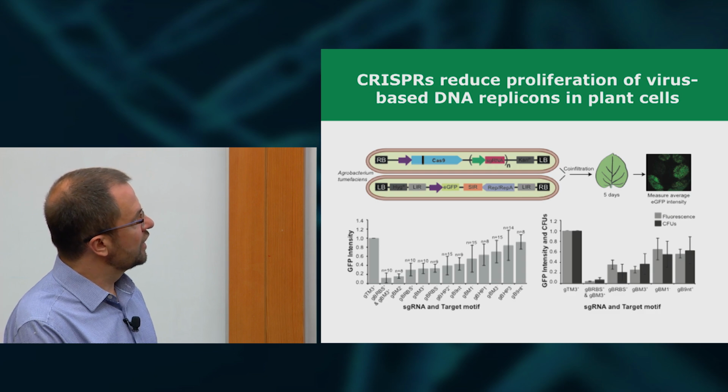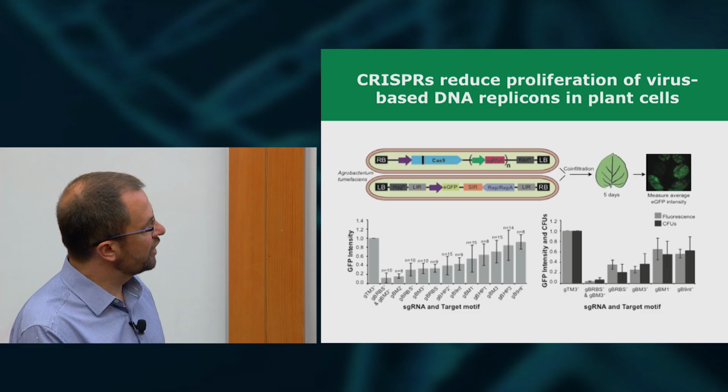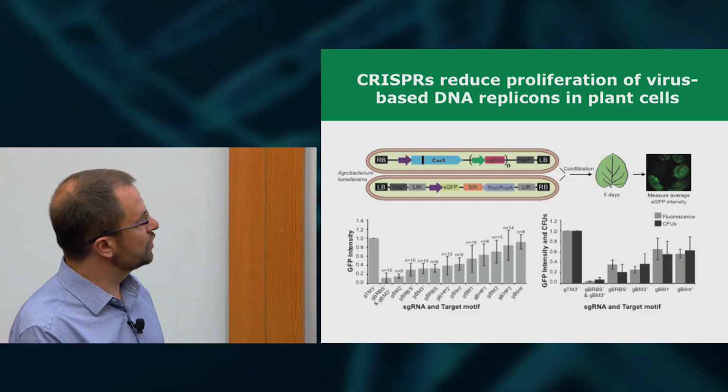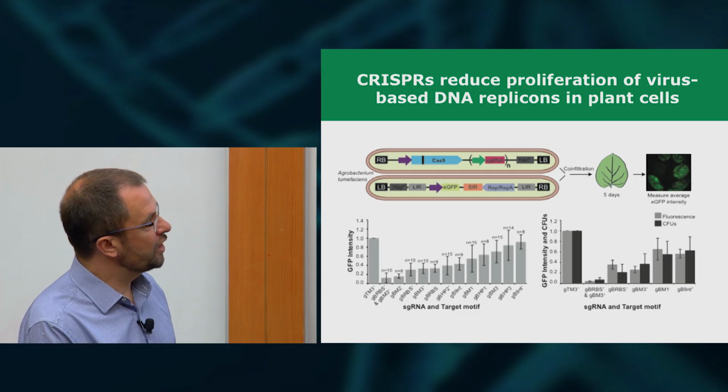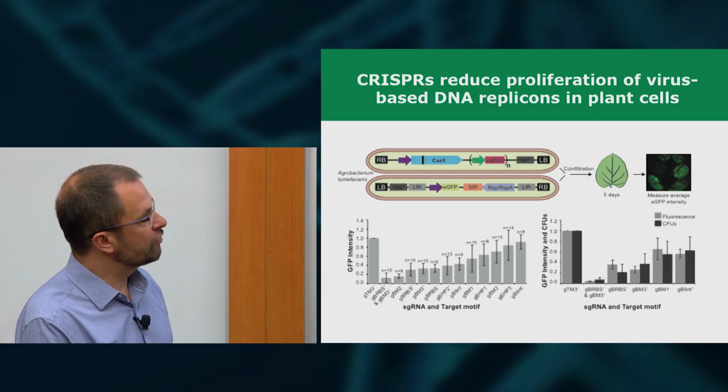So this is GFP intensity targeting these guide RNAs that target different parts of the viral genome. So this is a guide that doesn't target the genome, and so we normalized it to 1. And you can see that some of the guides very effectively inhibit GFP production, particularly if you use multiple guide RNAs. And then what we also did is we took a leaf punch and made DNA from it.